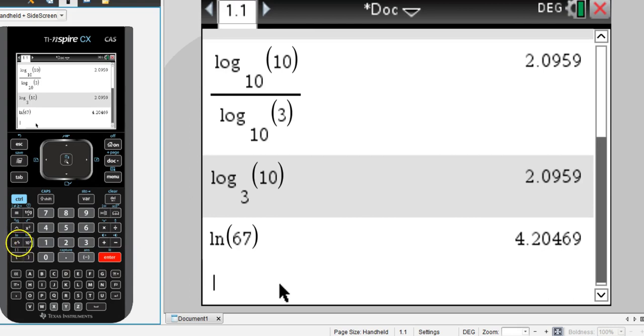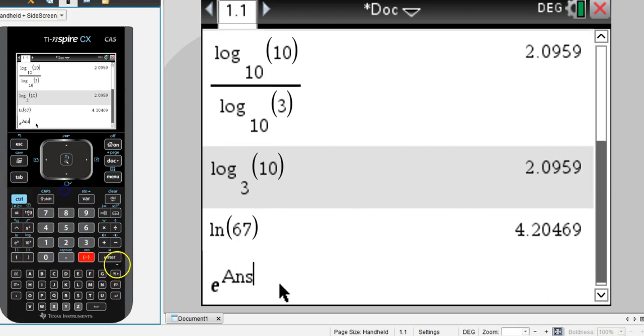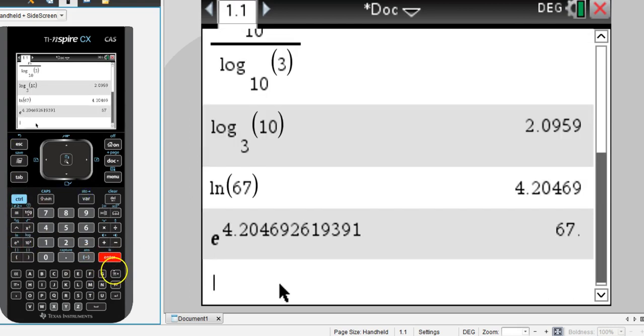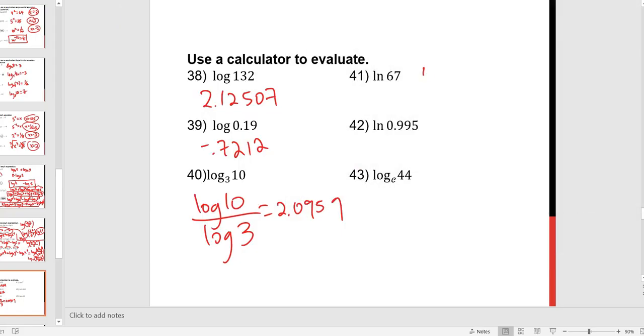And I can say e to that answer should be 67. So 4.20469. Natural log of 0.995.